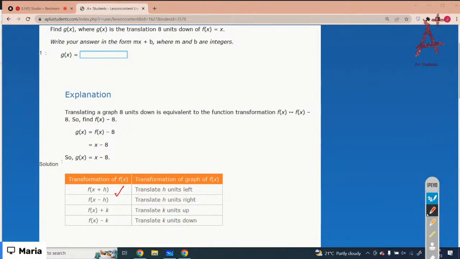If the translation is h units right, you do f of x minus h. If the translation is k units up, just add k to f of x. If it is k units down, just do f of x minus k. So here it is 8 units down and f of x is x. So 8 units down, you have to subtract. It would be x minus 8.